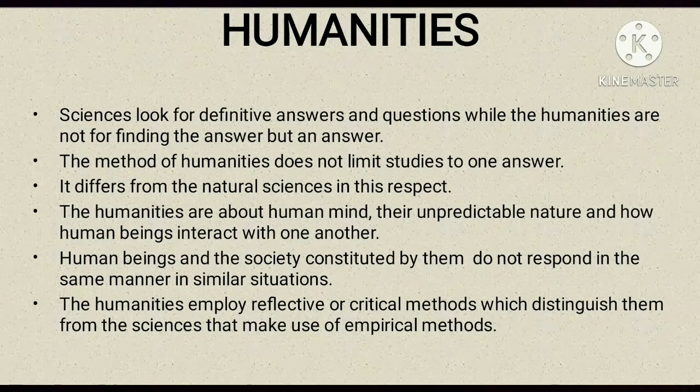So humanities do not limit studies to one answer. In humanities, for a question, we get various answers. But in the case of science, for a question, we get only one answer. That is why it differs from natural sciences.